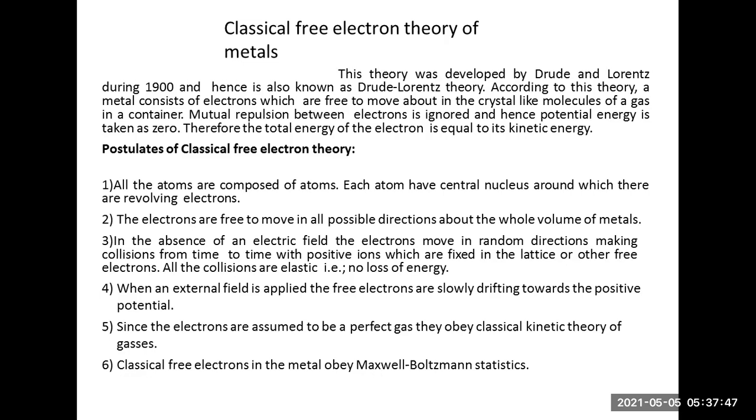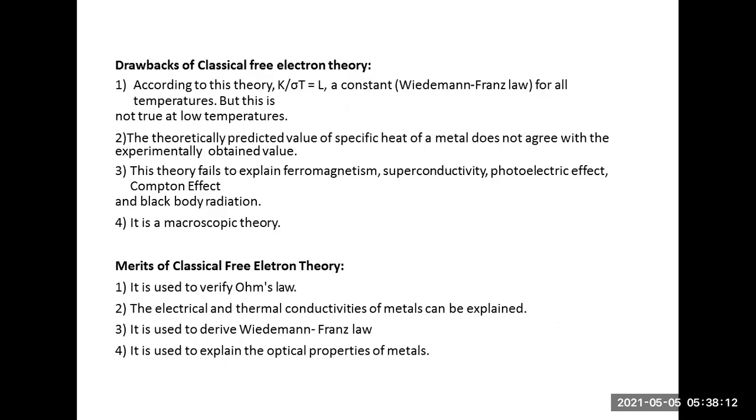So as the electrons move freely inside the metal, they should obey Maxwell-Boltzmann statistics, which say that as the electron moves, it possesses a velocity, and that velocity can be calculated by means of Maxwell-Boltzmann statistics. With these assumptions, there are different merits and demerits of the classical free electron theory.